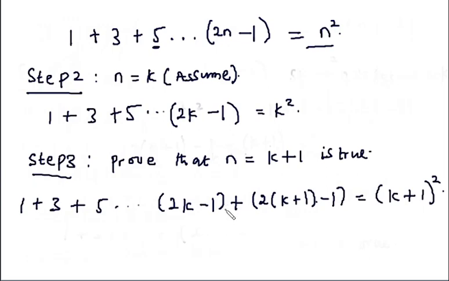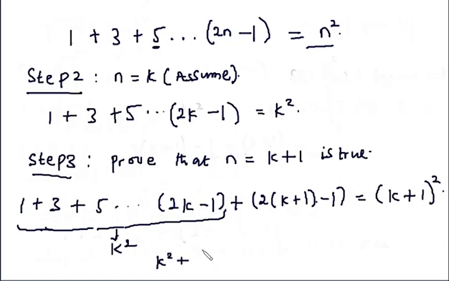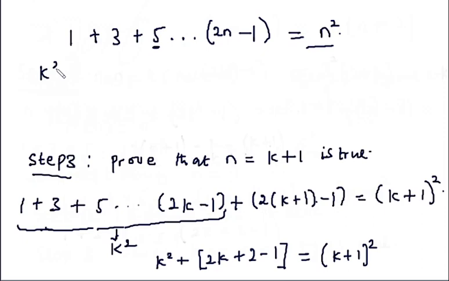We knew that all of this is equal to k squared, from our initial assumption. So from there, this means that k squared plus open bracket 2k plus 2 minus 1, I'm expanding the bracket directly, is equal to open bracket k plus 1 squared. So let's clean up space from here.